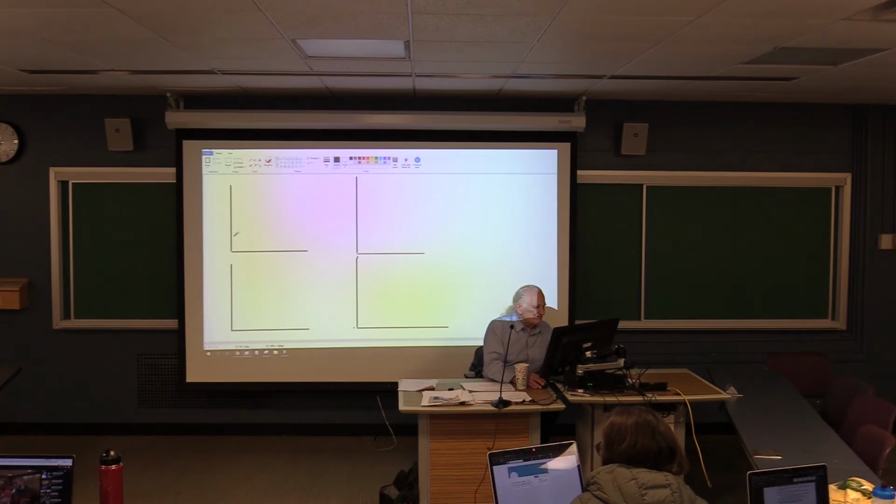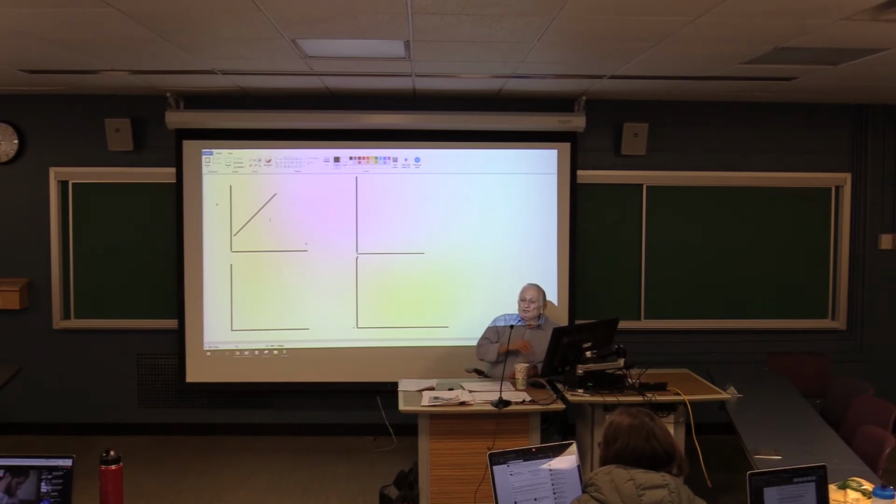All right. If you have a line that looks like this, this is X, and this is Y. So if you have a line that has a positive slope, what does it say about x and y?